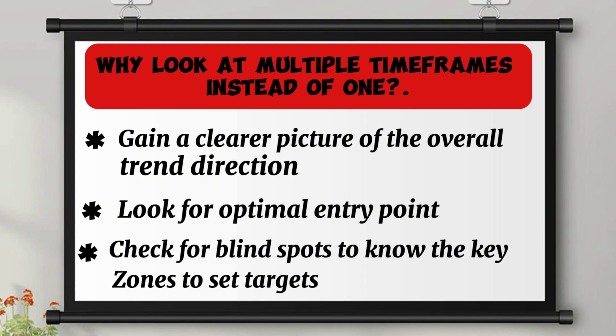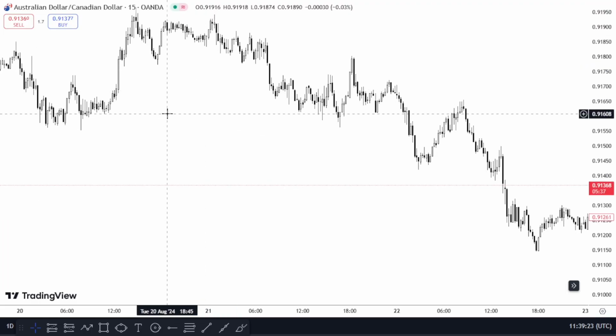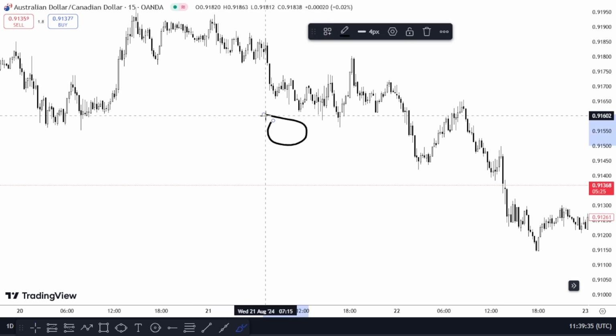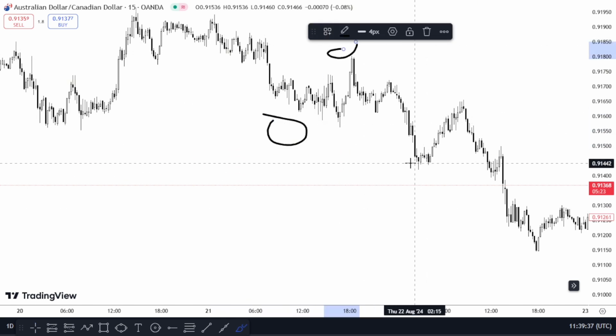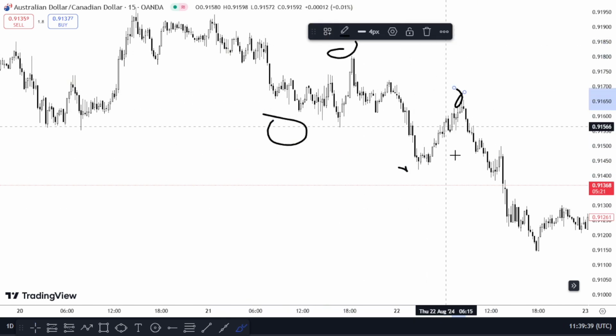Looking at this chart, as you can clearly see, this market is telling you that this is a sell trend. Because you can clearly see your low, your high, your low, your high.